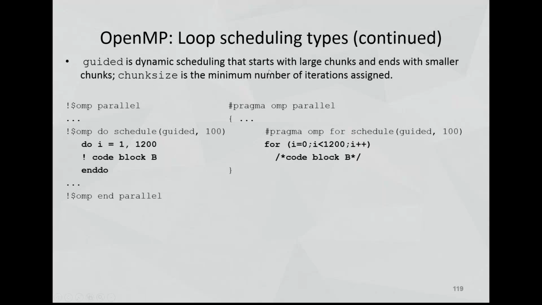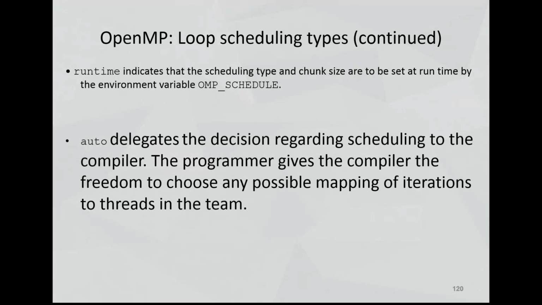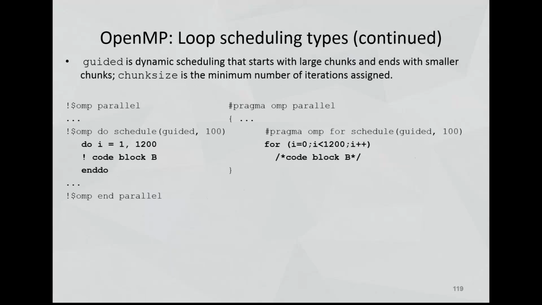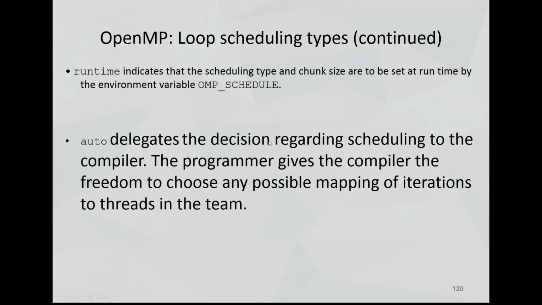So once again, scheduling types: we start with large chunks, we look at different sizes, and we optimize that so it runs as well as it can. Auto delegates the decision regarding scheduling to the compiler.